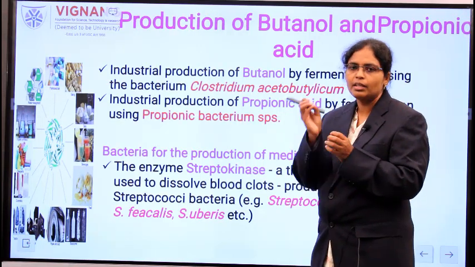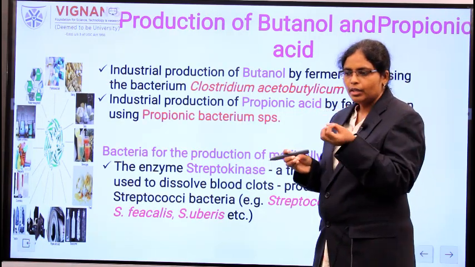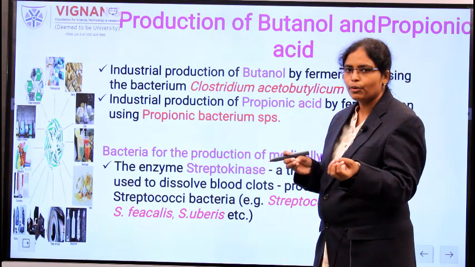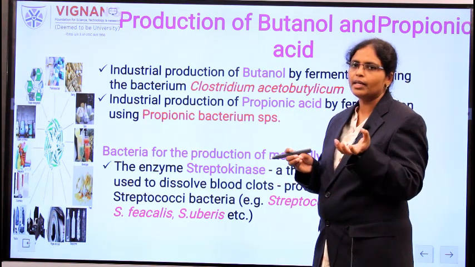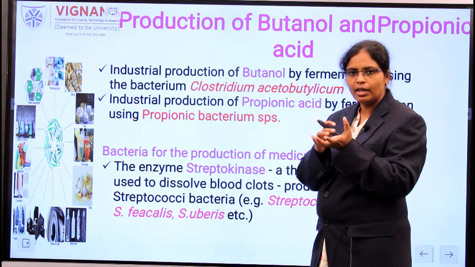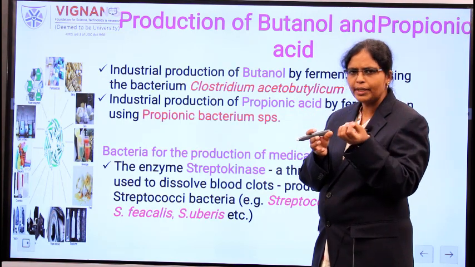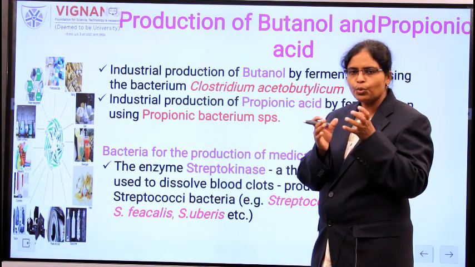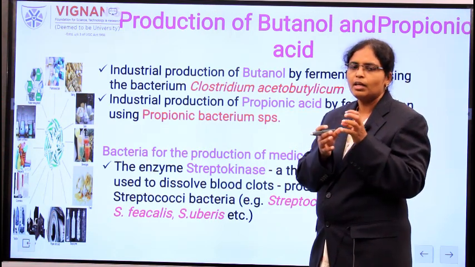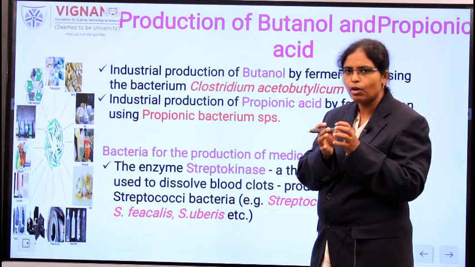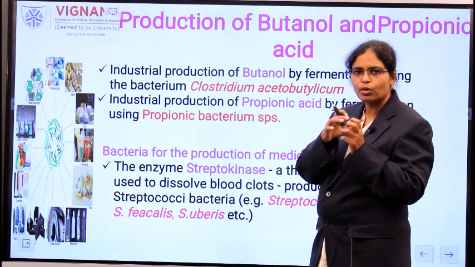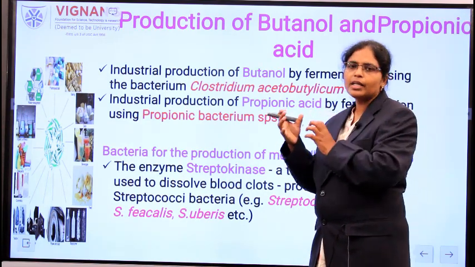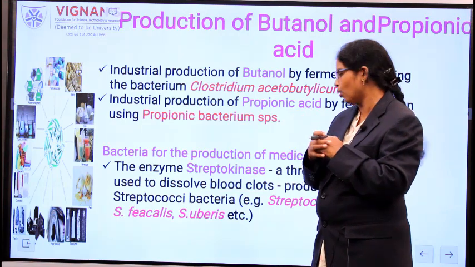If any stain is produced on the cloth material, the cloth gives the color, the food material. So it consists of carbohydrates, lipids and proteins. To remove these stain materials, why? Because they contain these biomolecules. So these enzymes break down these molecules and release the stain material from the cloth.